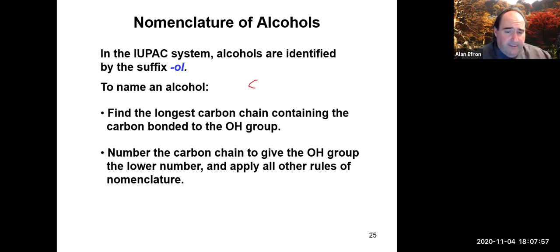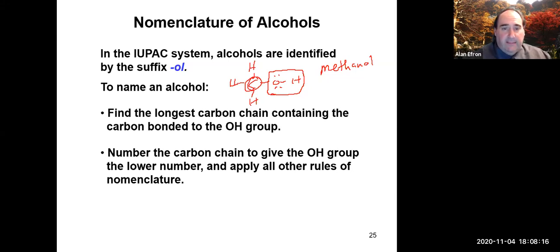For example, the simplest alcohol you could have is a 1 carbon alcohol. One carbon is based off of methane, and we drop the last part of methane and it becomes methanol. No need to give the location of this because there's really only one carbon, so it's got to be carbon number 1.